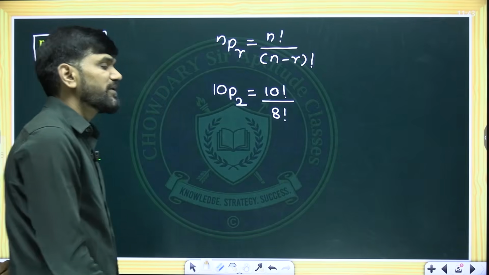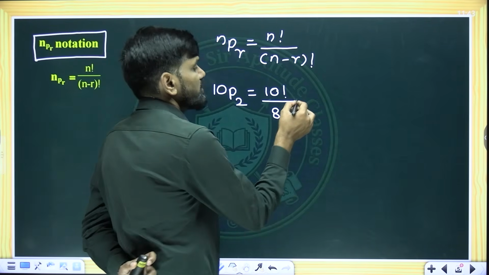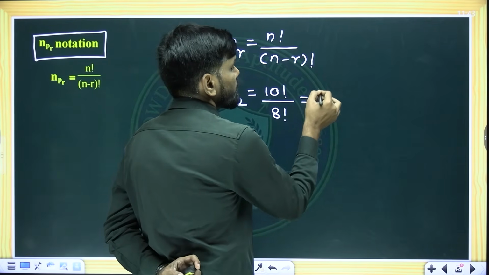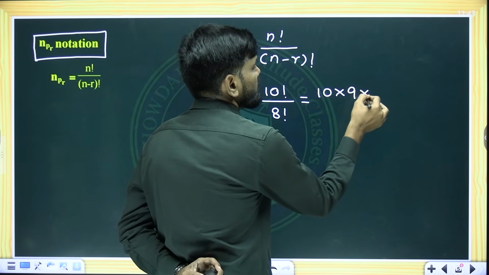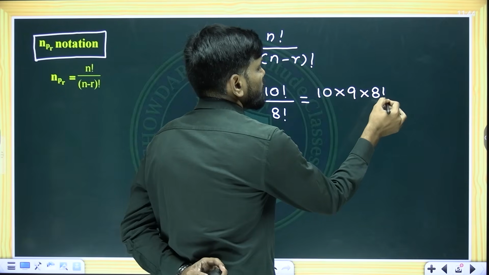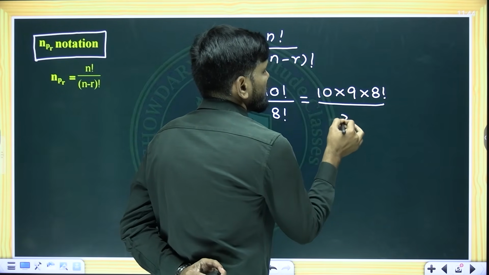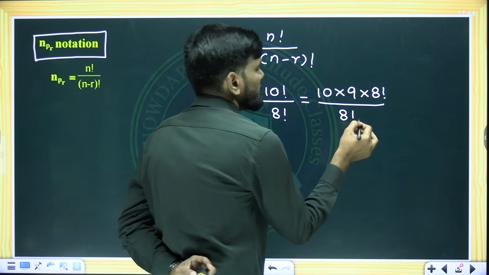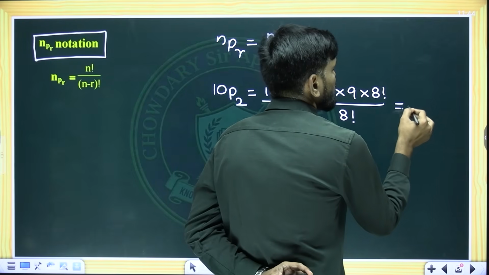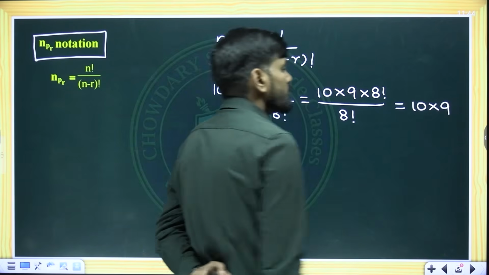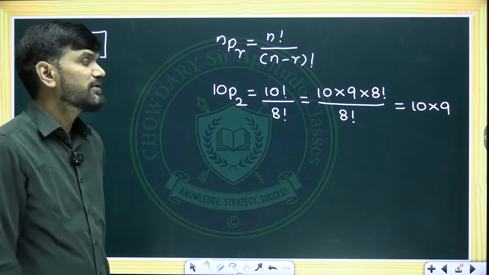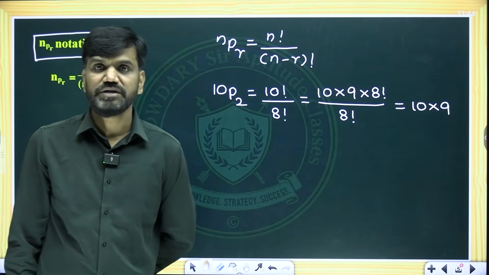This 10 factorial by 8 factorial on expansion becomes 10 into 9 into 8 factorial by 8 factorial, which is equal to 10 into 9. So 10P2 is 10 into 9.